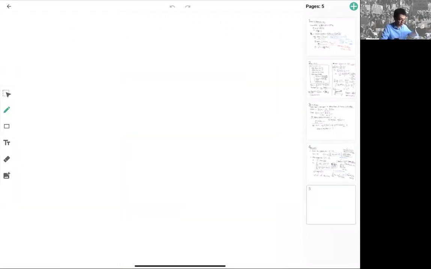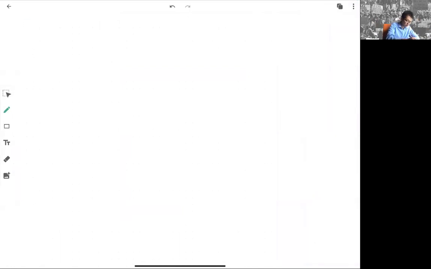Okay, so again, let's write the regret. The regret is now parameterized by two things: by T, and by u1 to uT. This is any fixed comparator sequence that you want to talk about.